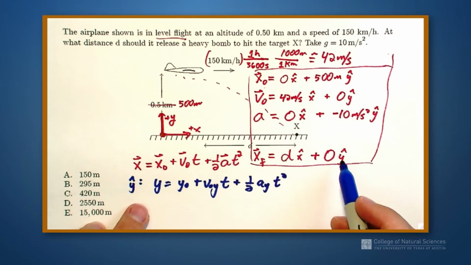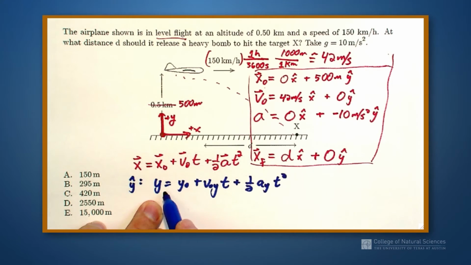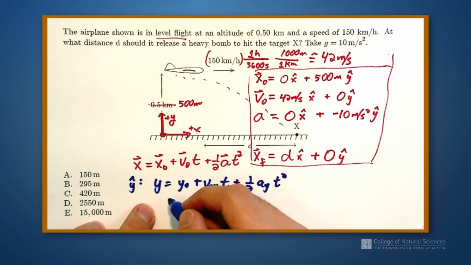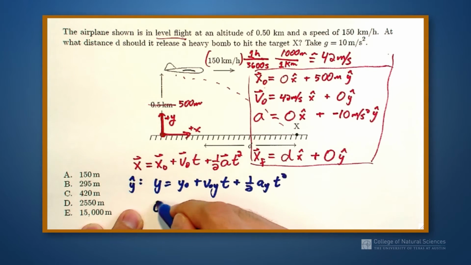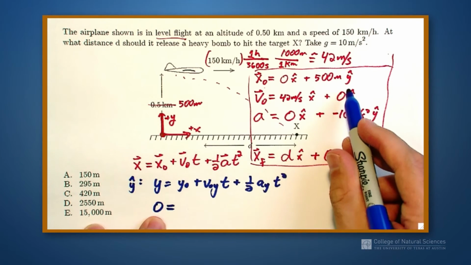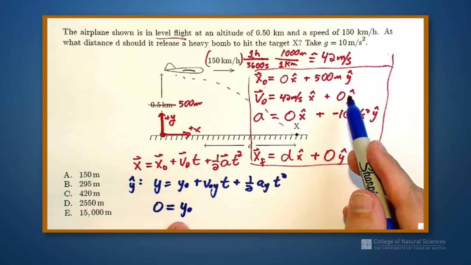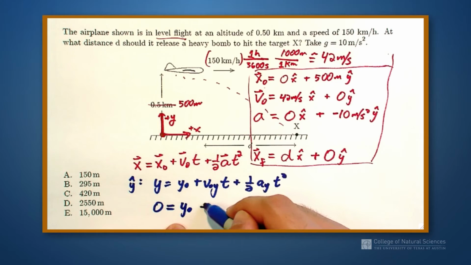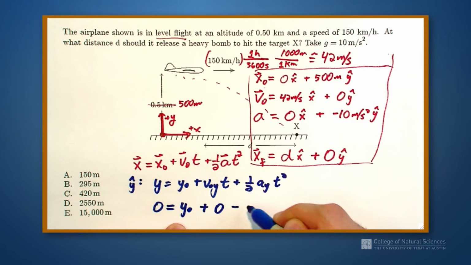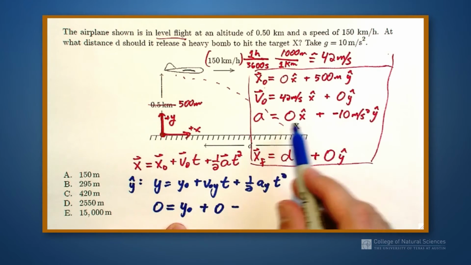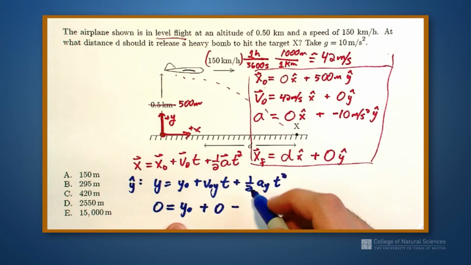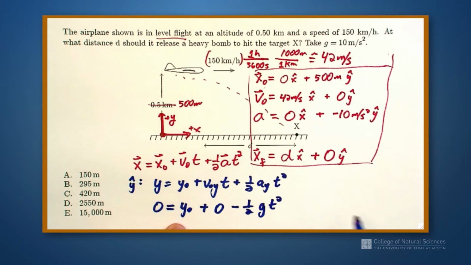My final y position is 0. My original y position is y naught. My original y velocity is 0, and my acceleration term is 1/2 g t squared, and g is a value of 10, and it's in the minus direction. So I started to substitute in.